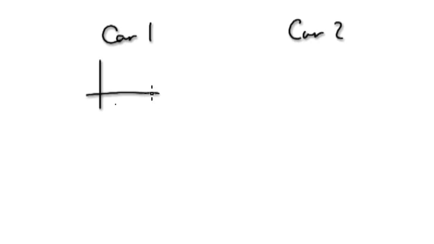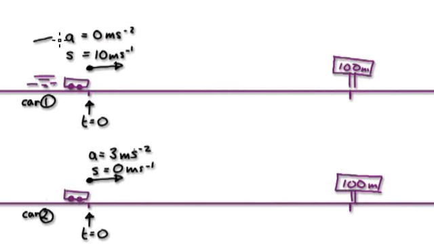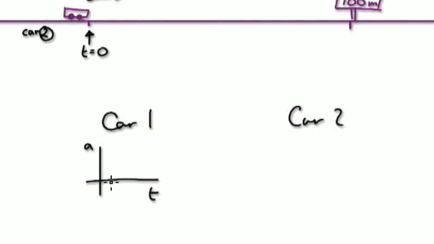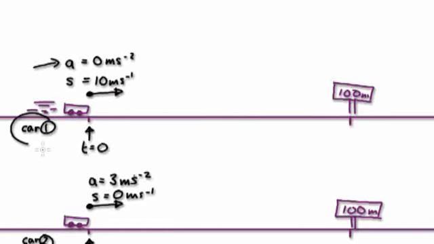Okay, so hang on. Let's start again. Car one here, and car two. Let's start with the acceleration time graph for car one. There's no acceleration. It's going at the same speed all the time, so the acceleration will be zero. Remember, we are talking about car one now.